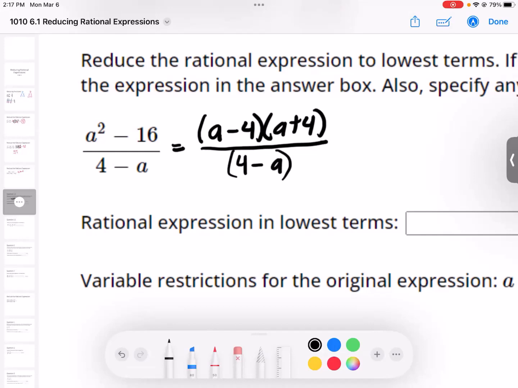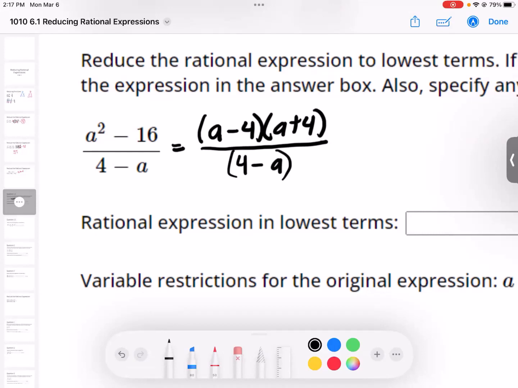So when I look at this polynomial here, I notice that none of the factors are the same, so I can't cancel anything out. But this factor and this factor are exact opposites, because in this one I have a positive a, but this one's a negative a. In this one I have a negative 4, but this is a positive 4.